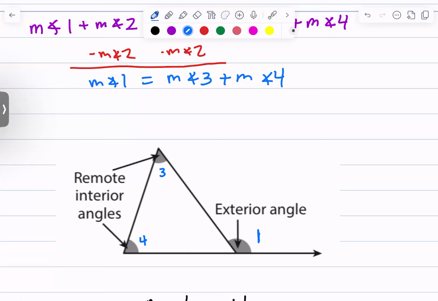The way I remember this word, remote interior angles, is I am the exterior angle, and I want to control angle 3 and angle 4, so I use my remote. Okay, so they're interior angles, but they're remote interior angles because I'm using my remote to control them. Cool?